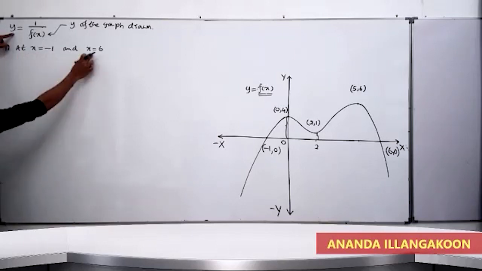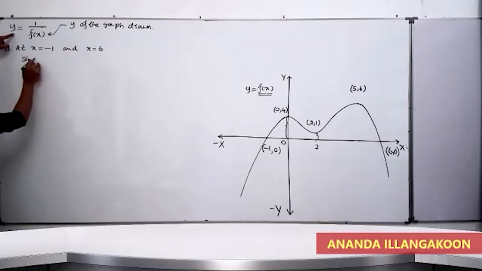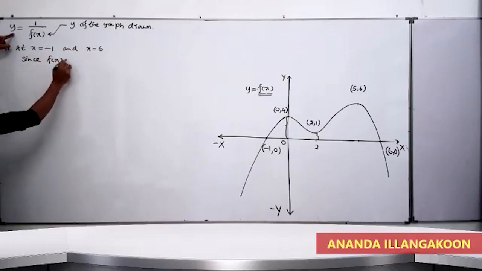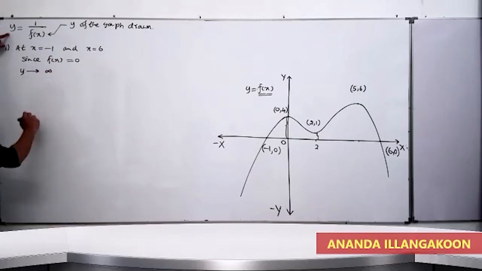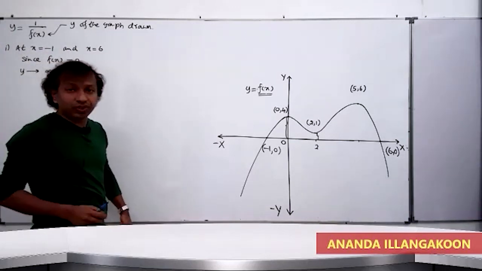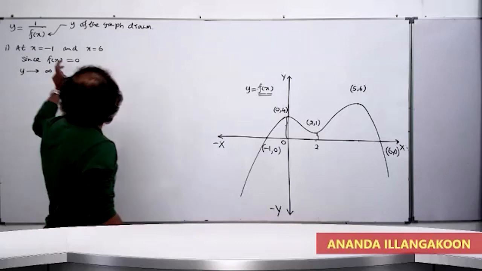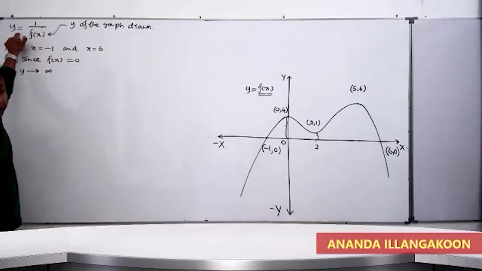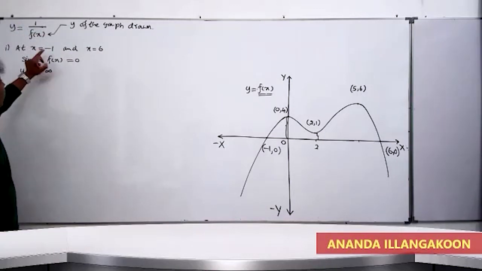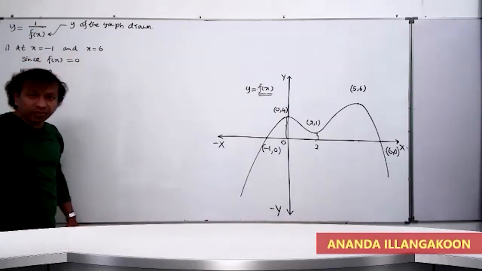At x equals -1 and x equals 6, since f(x) is 0, y goes to what? Infinity. We don't know whether it is plus infinity or minus infinity. This graph, 1 upon f(x), its y coordinate goes to infinity at x equals -1 and 6. What do you mean by this?